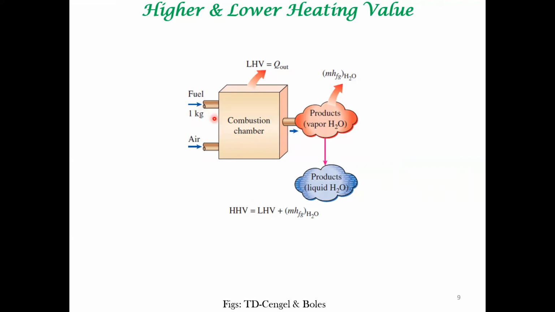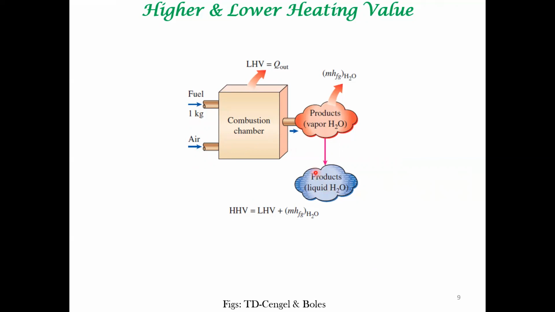So there is 1 kg of hydrogen, let's say, combusted with air, and you get H2O. The H2O that is being formed can be in the form of a vapor or in the form of liquid water. So these two quantities are different.